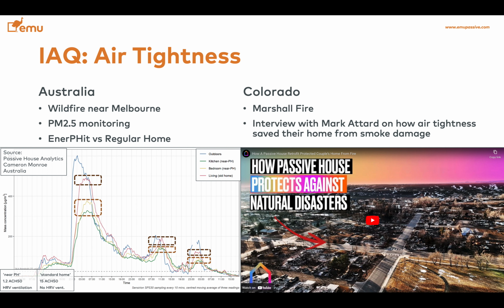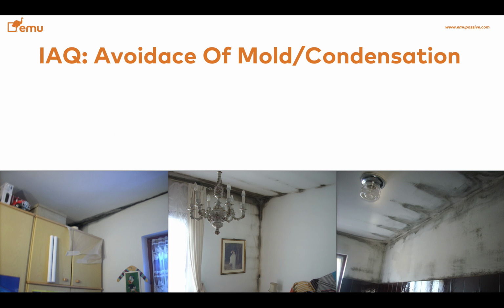And when the Marshall Fire happened, his neighborhood was impacted by smoke, not by fire. And they could move in, I think, the next week or the next day, while all of their neighbors had to have smoke damage mitigation because they were leaky and pollution was able to come in. So air tightness is a significant contribution to indoor air quality.